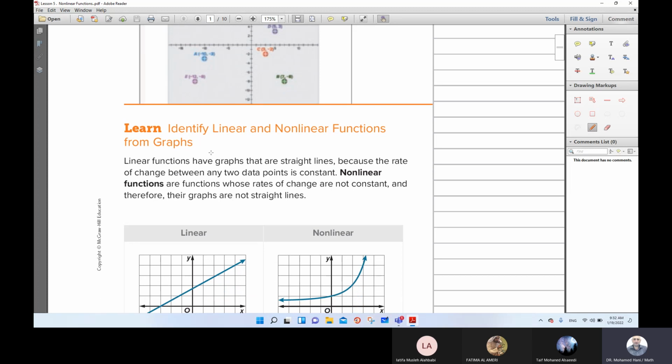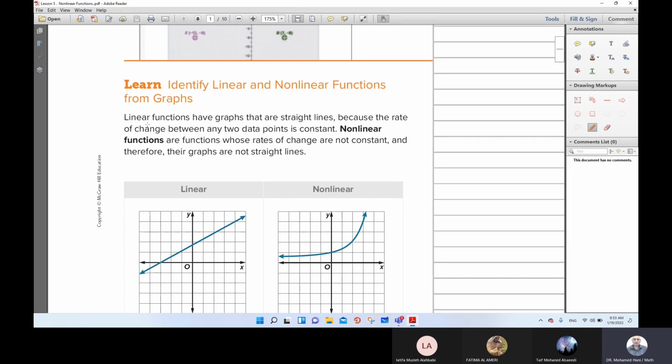The first idea: we want to identify linear and non-linear functions from graphs. Linear functions have graphs that are straight lines, because the rate of change between any two data points is constant.